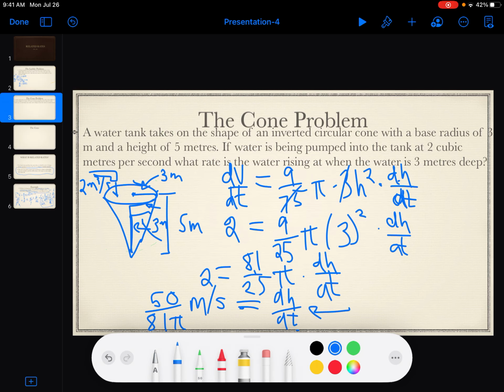This is our final answer. So here we go. We got our final answer. 50 over 81 pi meters per second. That's how fast the water is rising when the water is 3 meters deep in the tank. And there we go, we got our answer.